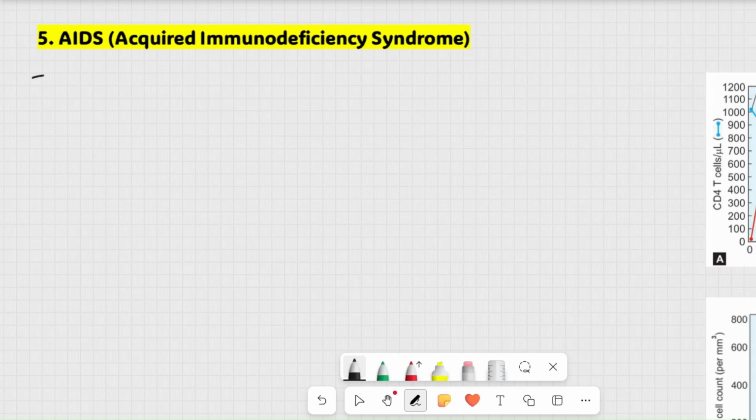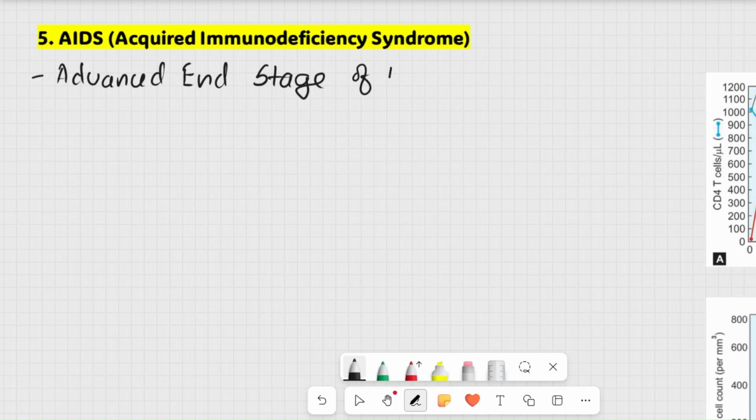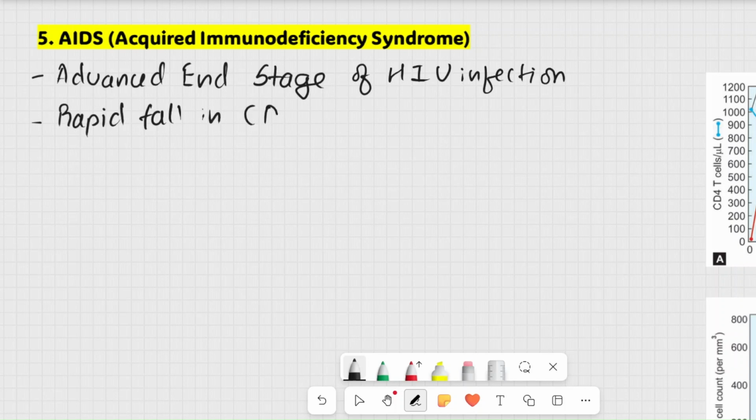It is the advanced end stage of your HIV infection. Over here, what is happening? There would be a rapid fall in the CD4 T cell count.